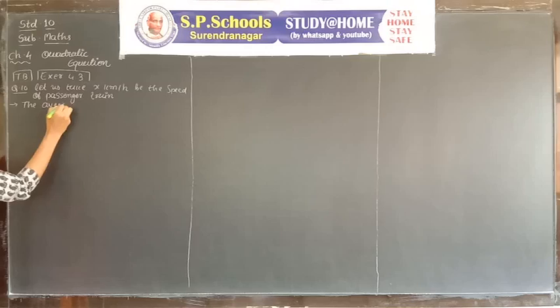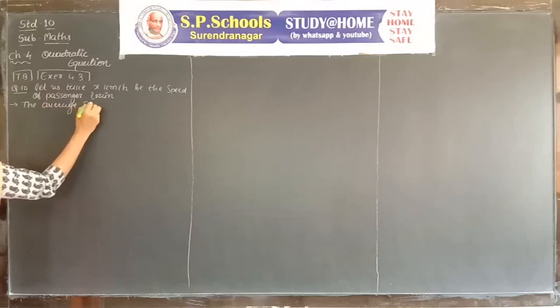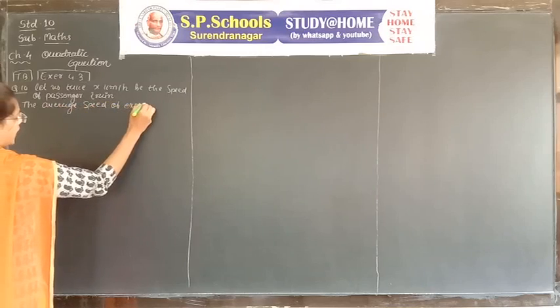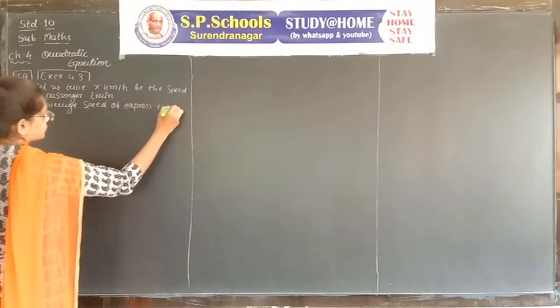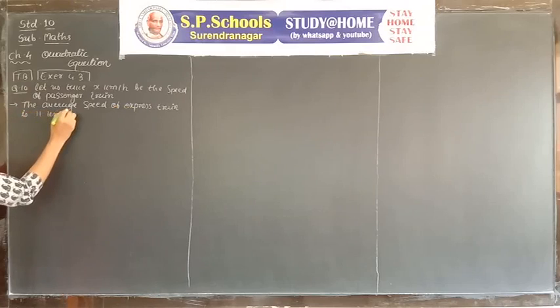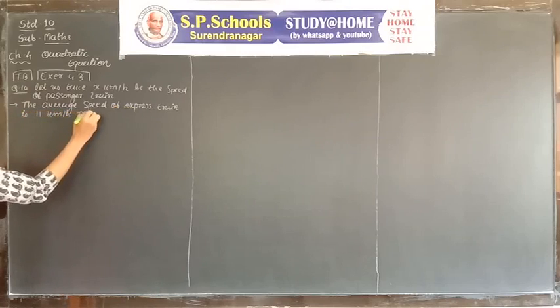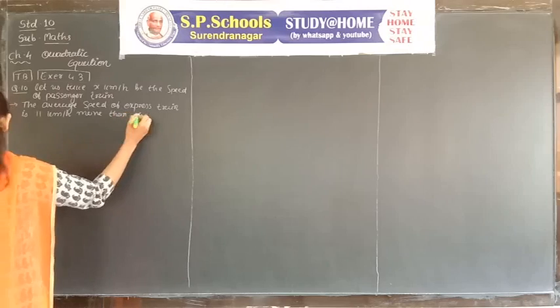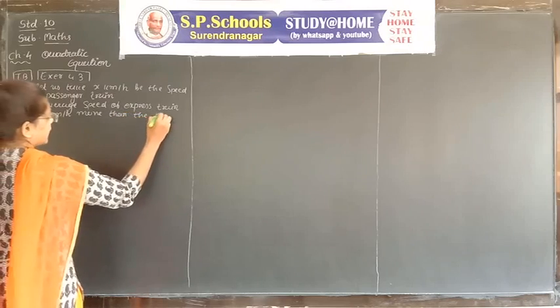The average speed of the express train is 11 km per hour more than the passenger train.